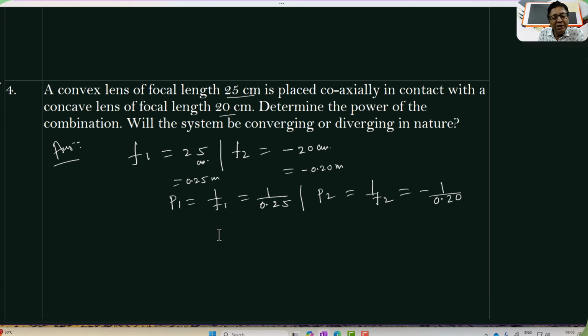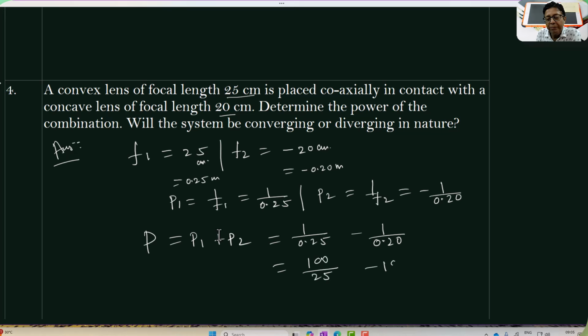So the power of the combined lenses will be what? P equal to P1 plus P2. So this is 1 by 0.25 minus 1 by 0.20. 100 by 25, 100 by 20, 4 minus 5, this is minus 1 diopter.